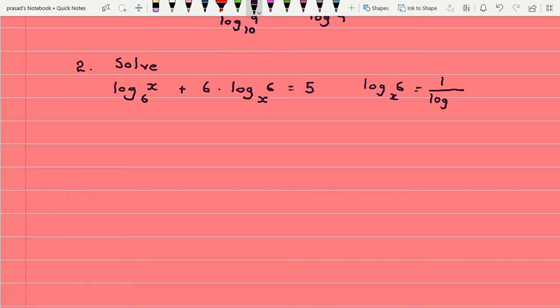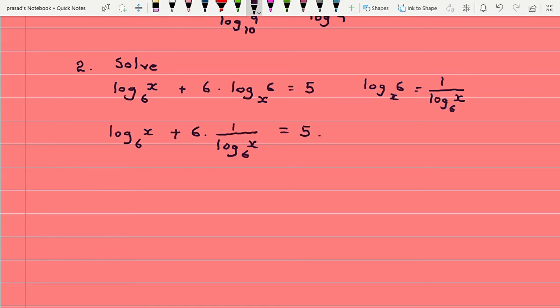So, it will be log of x to base 6. So, log of x to base 6 plus 6 into, take the reciprocal here, 1 upon log x to base 6 is equal to 5.